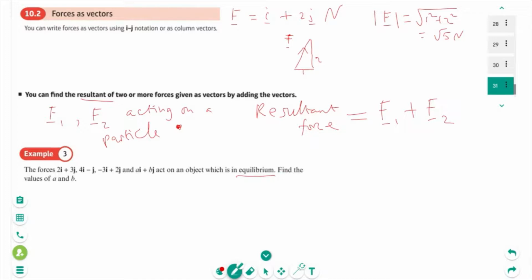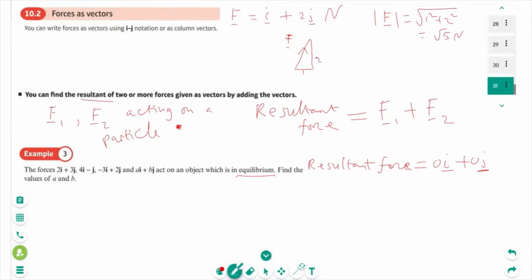That's what it means in terms of vectors. So the resultant force is exactly 0, which you think of as 0i plus 0j. That's what the statement is saying: the forces are in equilibrium. So you can make an equation and find the values of a and b.